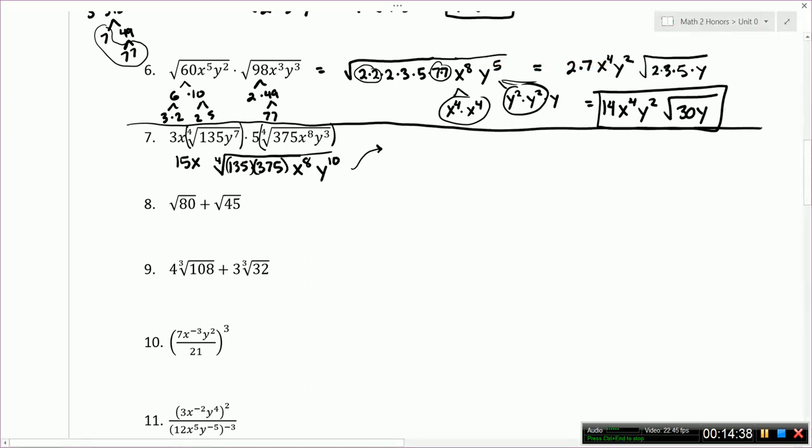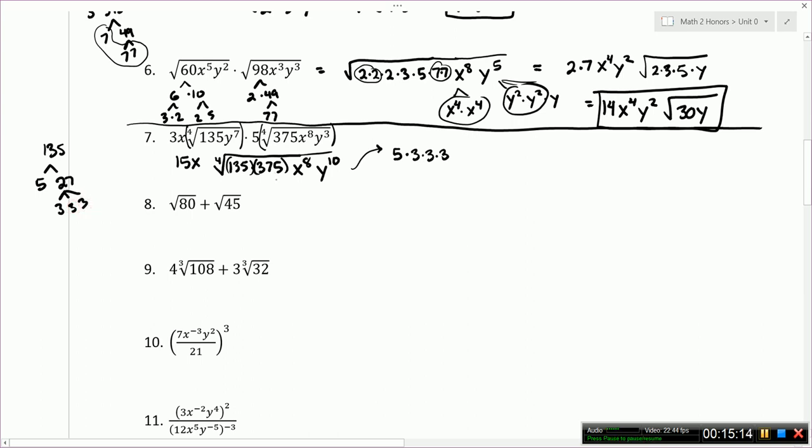So 135 is 5 times 27, but remember 27 is 3 times 3 times 3. So you break down the 135. 135 is 5 times 27. 27 is 3 times 3 times 3.